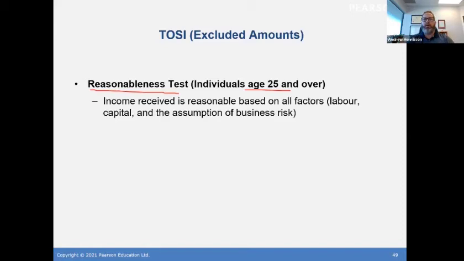It's very difficult to get a business loan, even for large companies and very wealthy people, without putting some form of personal guarantee on that, so that the bank, if it doesn't work out, can come to you personally for the money. So that assumption of business risk could get you past a reasonableness test. Like, I'm getting reimbursed because I've put a personal guarantee on a $1 million loan. So maybe I don't work 20 hours, but I'm on the line for this $1 million.